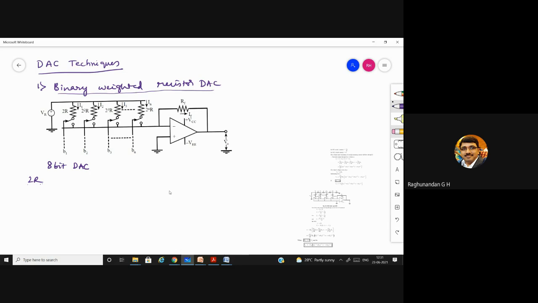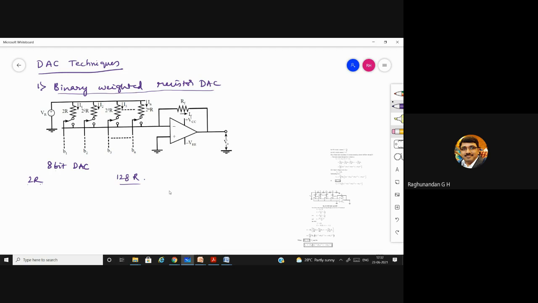But when you take the 8th bit, the largest resistor will be 128 times R. That means the smallest one will be 2R and the largest one will be 128R.